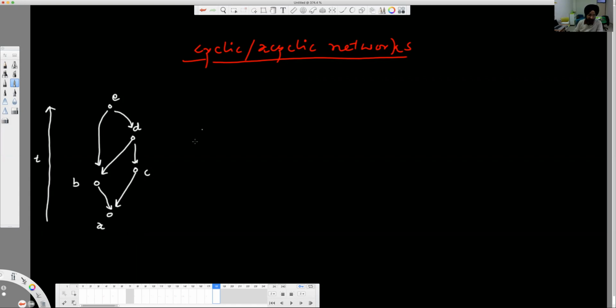So let's make the adjacency matrix of this and see what it looks like. Okay, by the way, the network that I have drawn on the board, is this cyclic or acyclic?